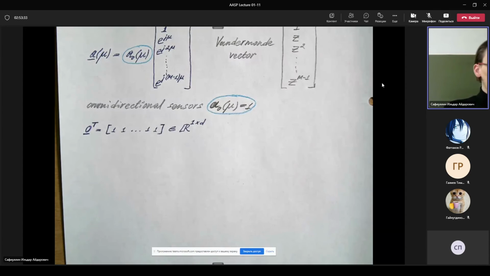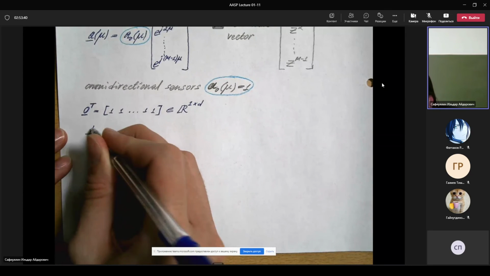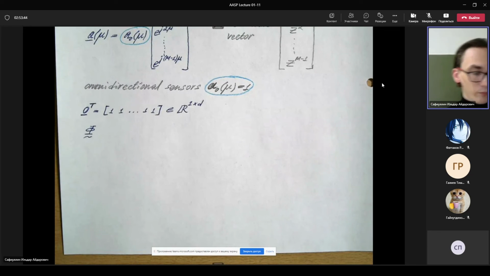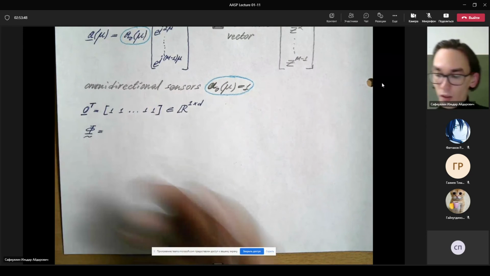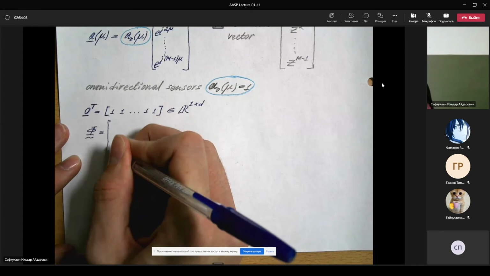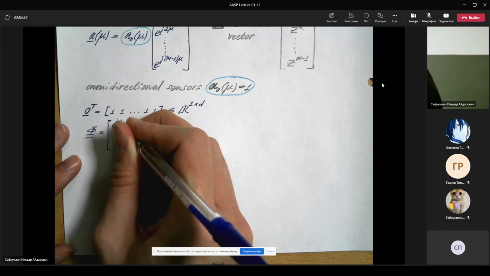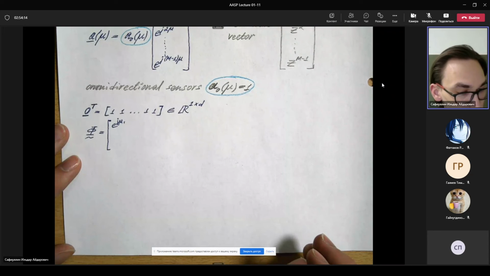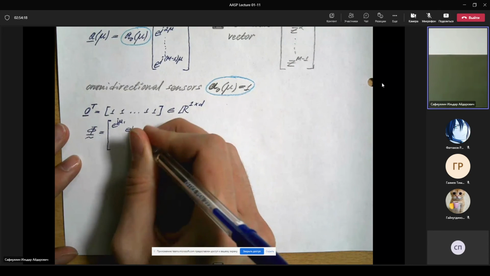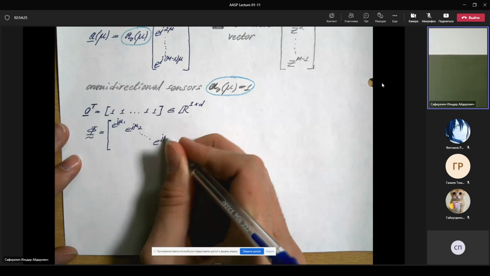Then we need to introduce matrix phi, which has these complex exponentials: e to the power of j mu1, then e to the power of j mu2, up to e to the power of j mu d.